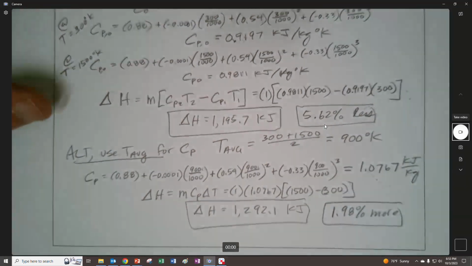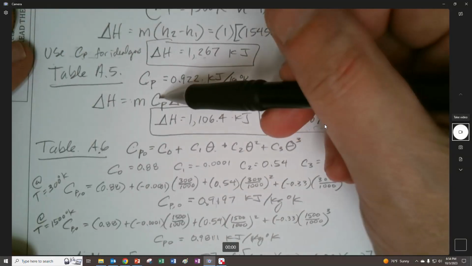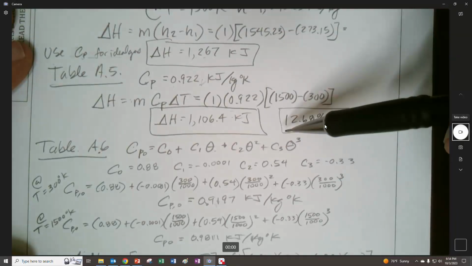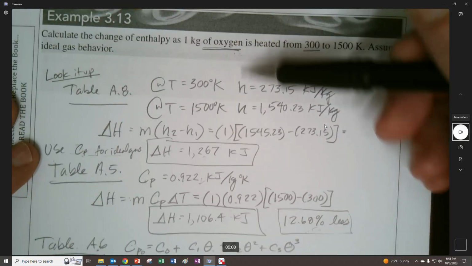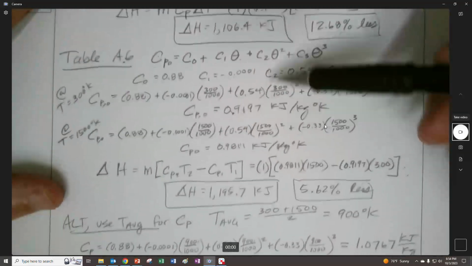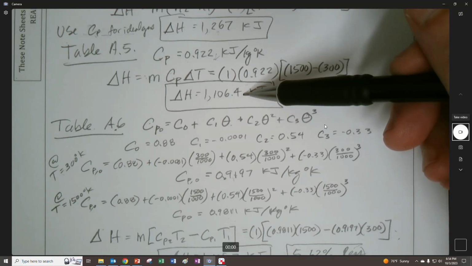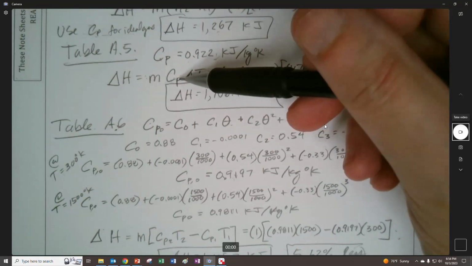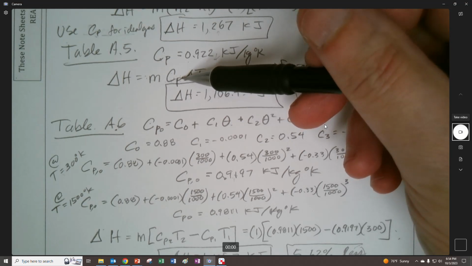I wouldn't say that our conclusion is that we never do this, because we do this quite often. It depends on the substance. Oxygen doesn't seem to be a very good one to just be using what you can think of as the ideal gas type of approach, because this is where we get this value at the same place where we get R, right?